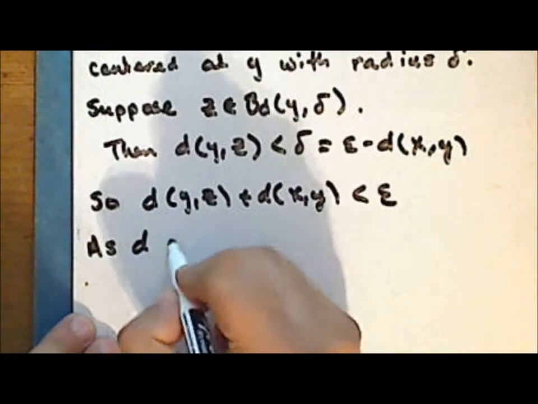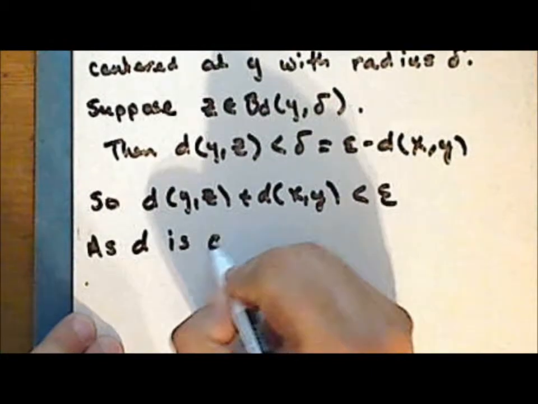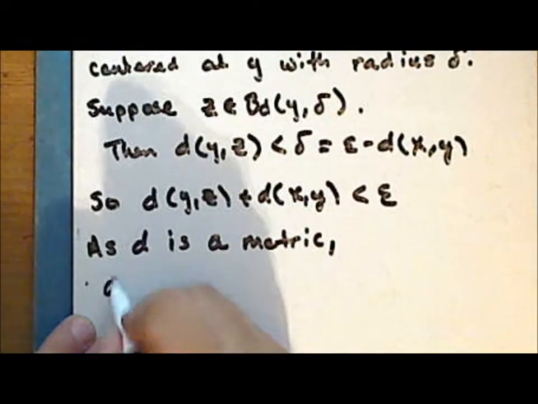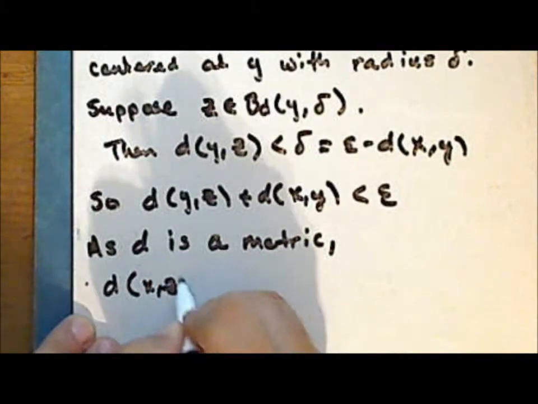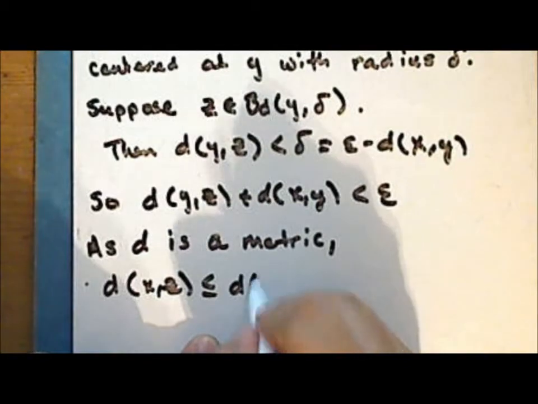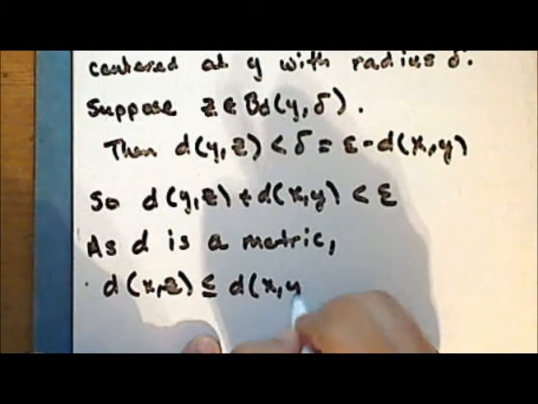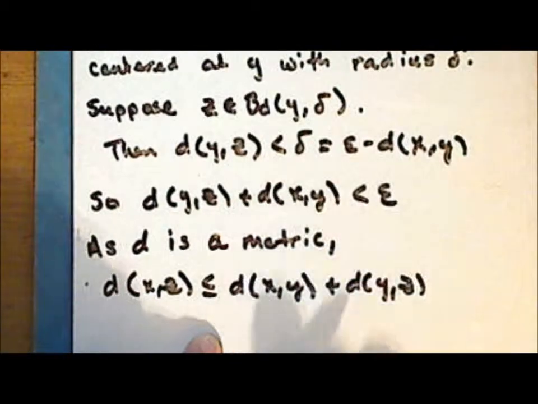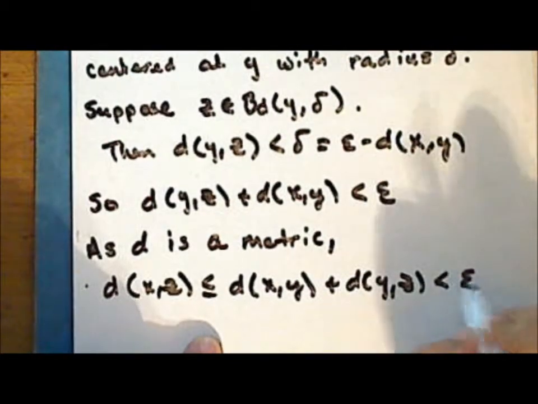And as D is a metric, we have that the distance from X to Z is less than or equal to the sum of the distance from X to Y and the distance from Y to Z, which is less than epsilon.